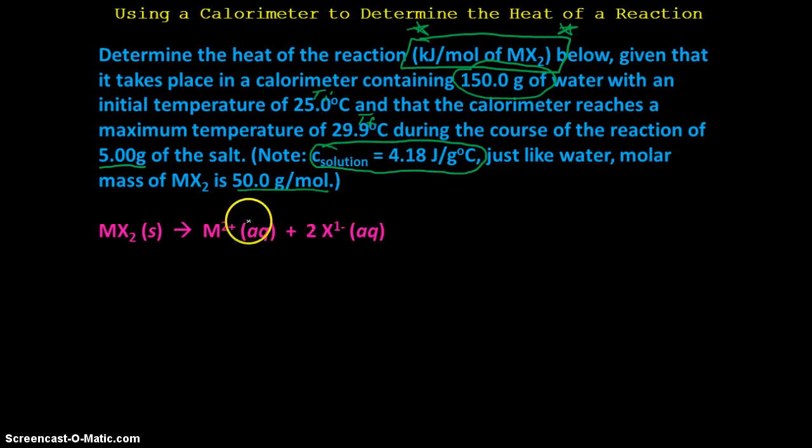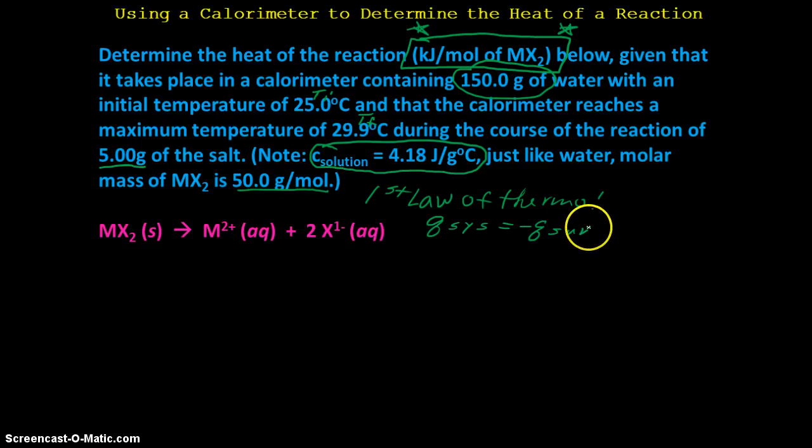Okay, so just like any other calorimeter problem that we've worked with, this system should follow the first law of thermodynamics. So that part is not new, which all that really means is that Q system equals negative Q surroundings, just like it did in any other calorimetry problem.